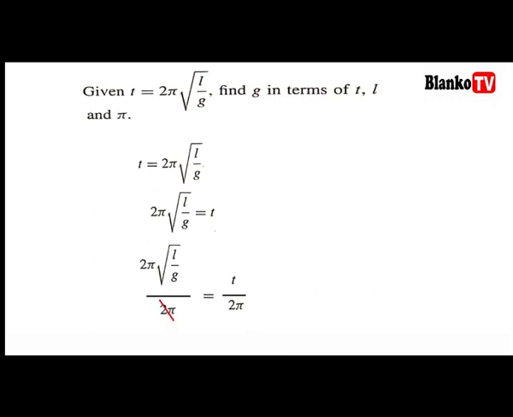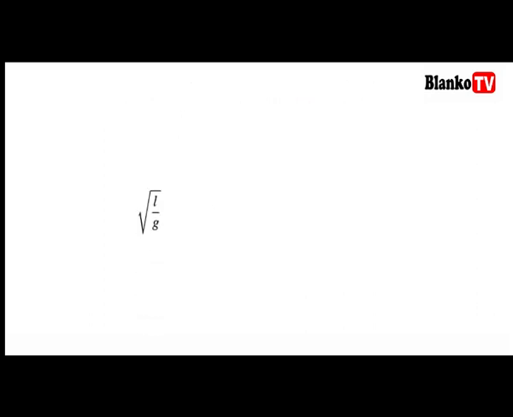So we cancel through by 2 pi, and we are going to get square root L over G equals T over 2 pi.